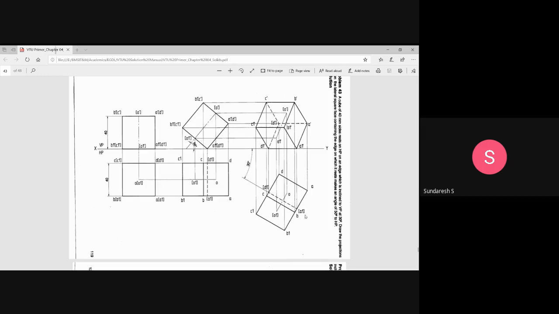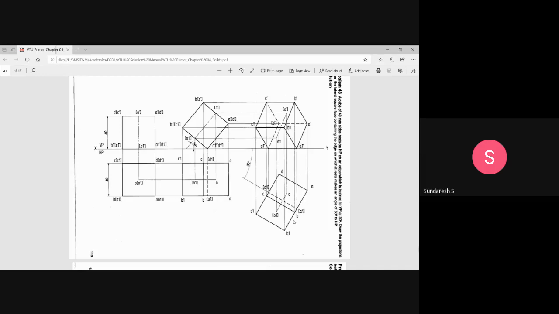The point away from the observer is point D. A very simple way to identify the invisible edge or corner is to locate the point which is away from the observer. That is point D. The edges arising out of this corner D will be invisible if they do not form an outline of the solid. This is how you show invisibility in solids.